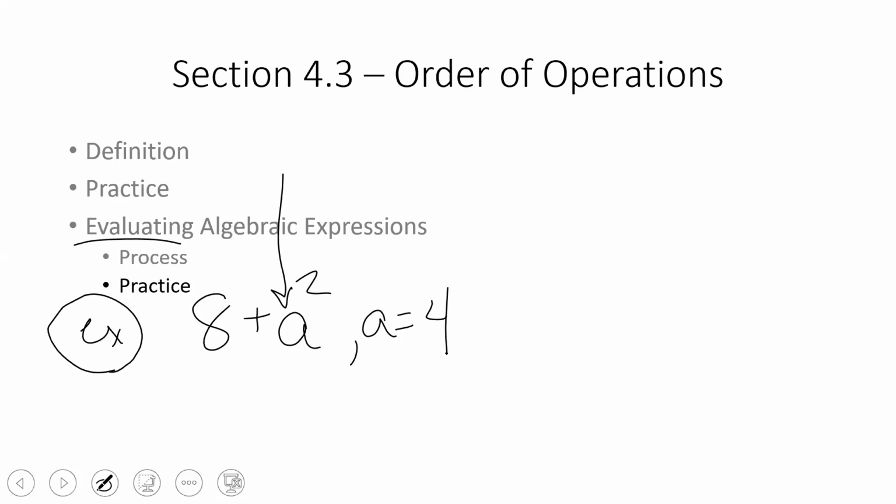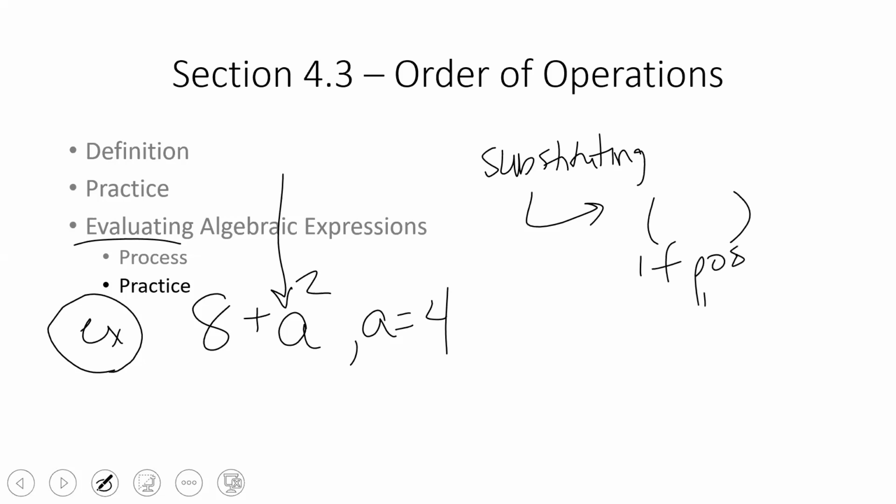I recommend anytime that we're substituting to substitute into parentheses if possible. So here we have 8 plus whatever our value is for a. So here it's 4 squared.